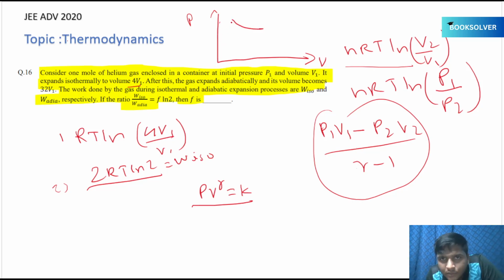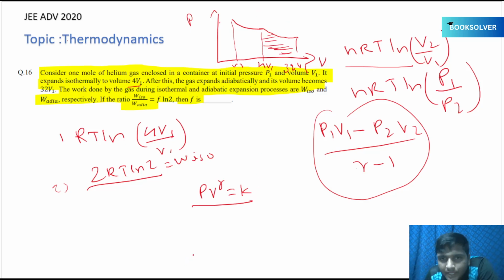If this was V1, it becomes 4V1. I should make it steeper, but let's consider it not up to the mark. From 4V1, it goes to 32V1. As volume is increasing, pressure should definitely decrease here. So PV^gamma equal to constant applies, and we have to solve for the work done for this part.